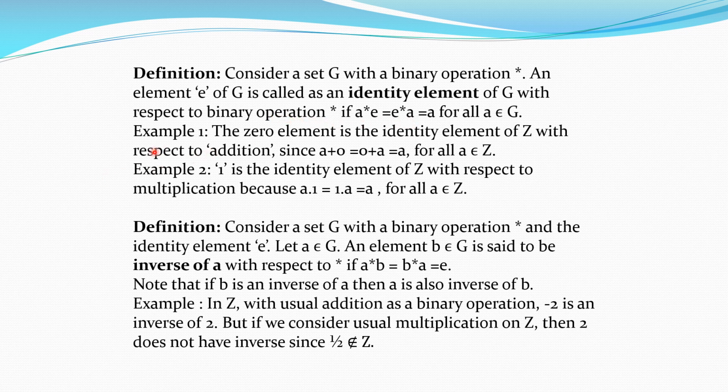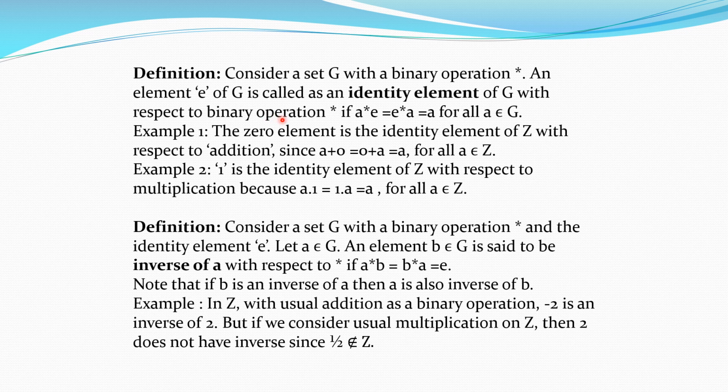Now see this example. The zero element, that means 0, is the identity element of Z with respect to addition. So whenever we have to find the identity element of Z with respect to addition, by definition, if E is an identity element of Z with respect to addition, then star is addition here.